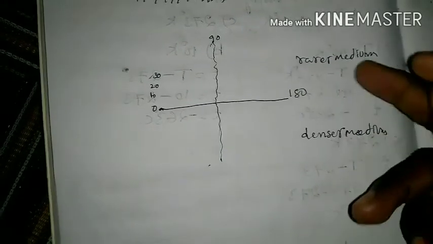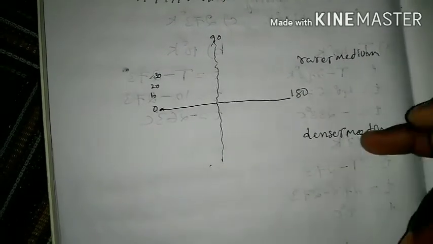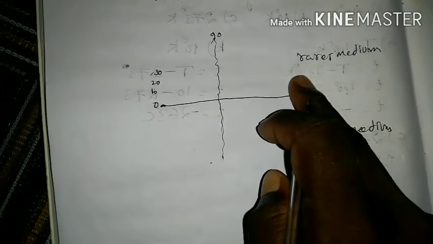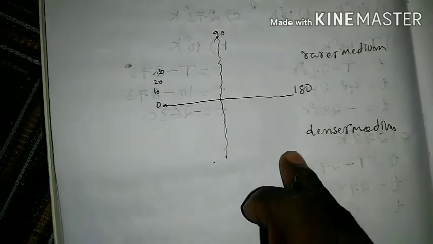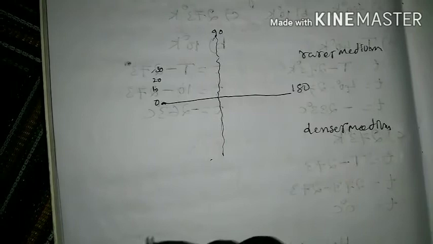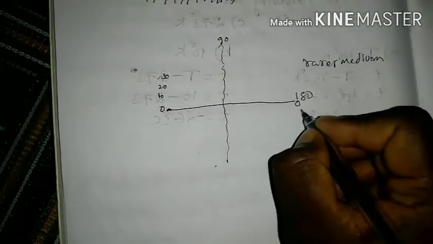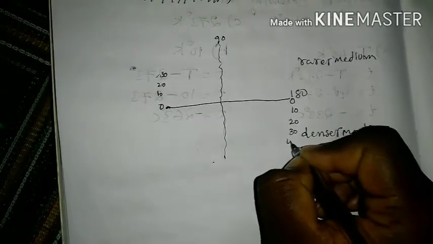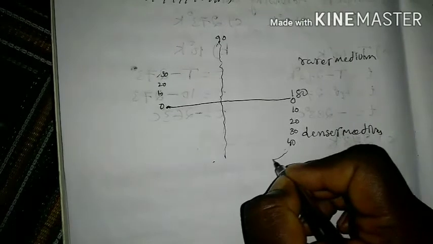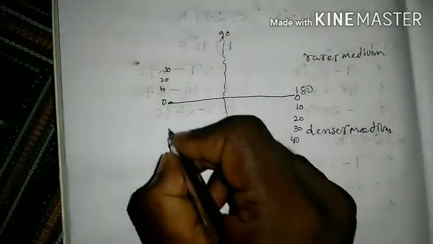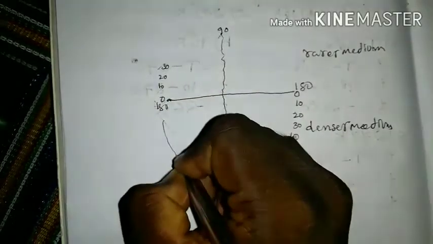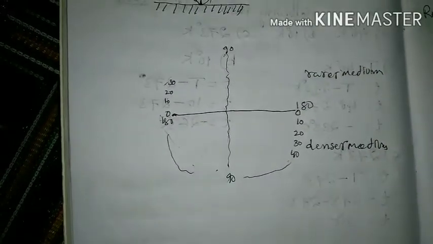There are two mediums: the first is the rarer medium and the second is the denser medium.